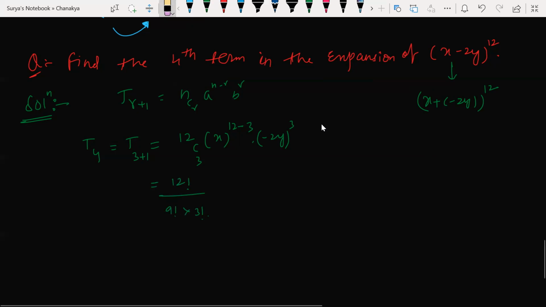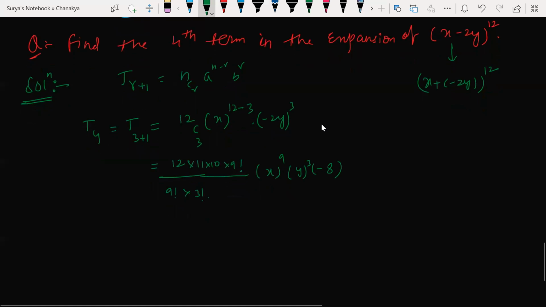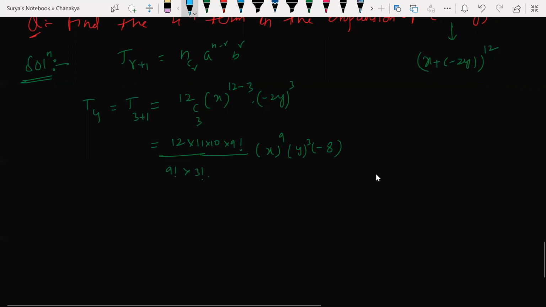So 12 factorial can be written as 12 into 11 into 10 into 9 factorial, into x to the power of 9 into minus 2 to the power of 3, y to the power of 3. So minus 2 to the power of 3 is minus 8, am I correct? So let's cancel now 9 factorial. 3 factorial is nothing but 6.